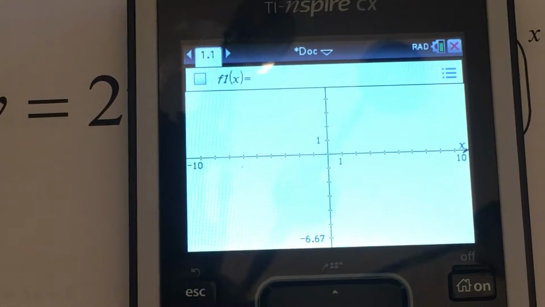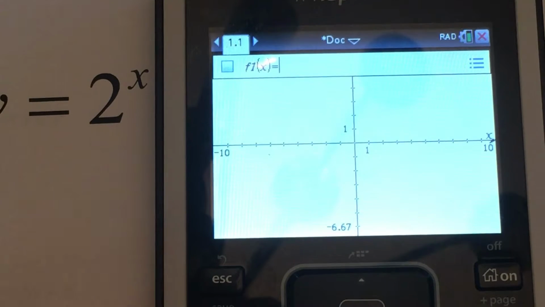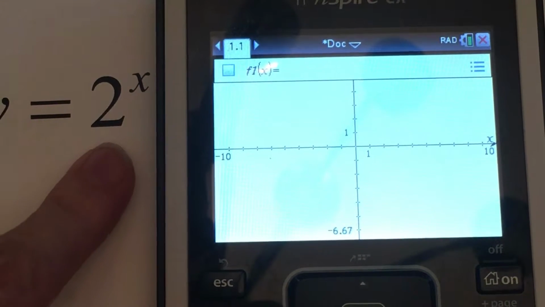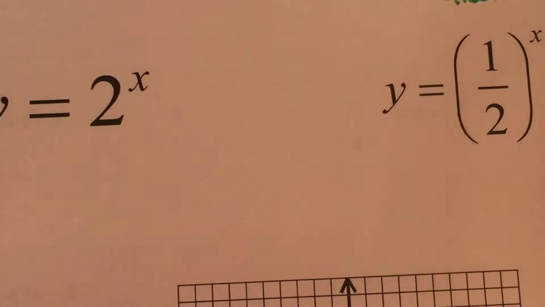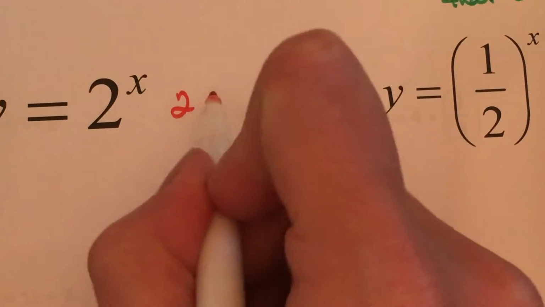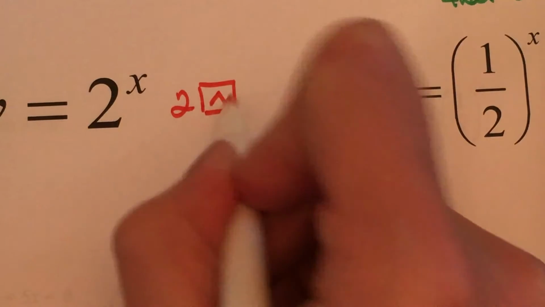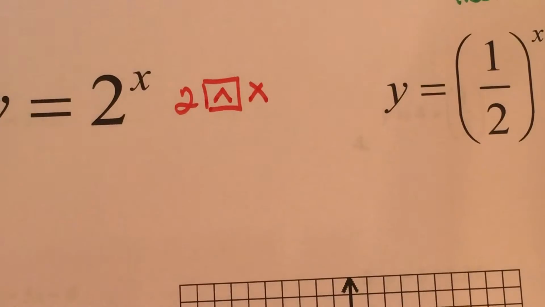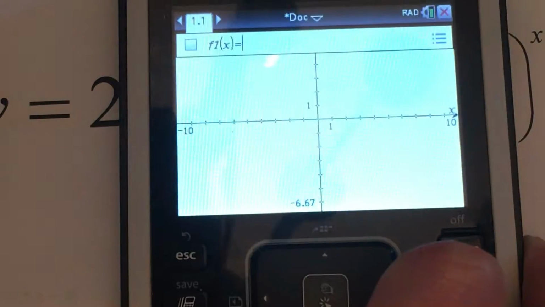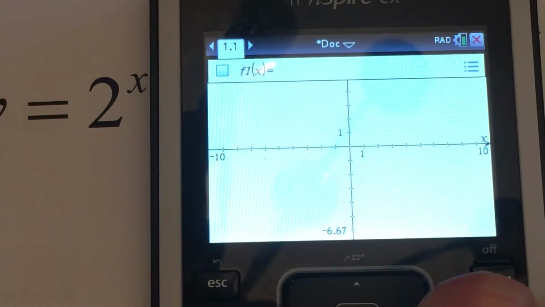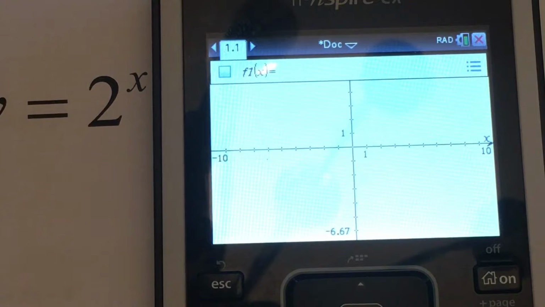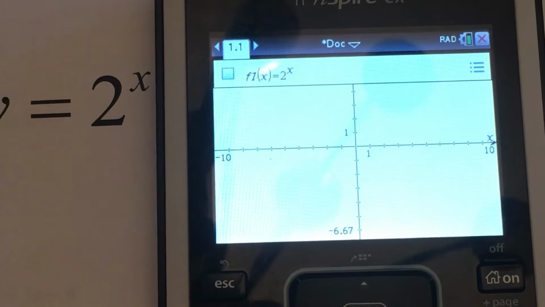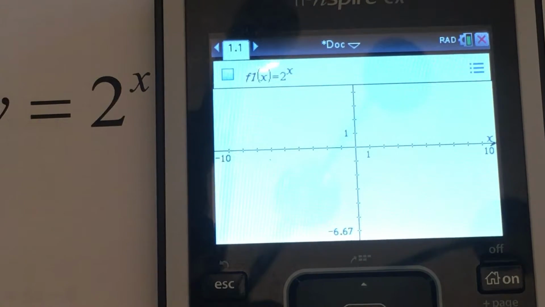So we're going to type in this tiny little equation of 2 to the x power. To do that, you're going to type 2 caret x. And it's so little, it's just hard to see. So 2 caret x. Push enter.